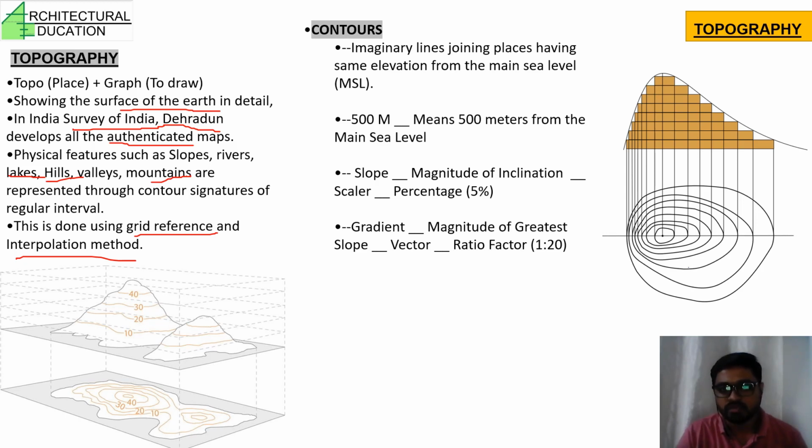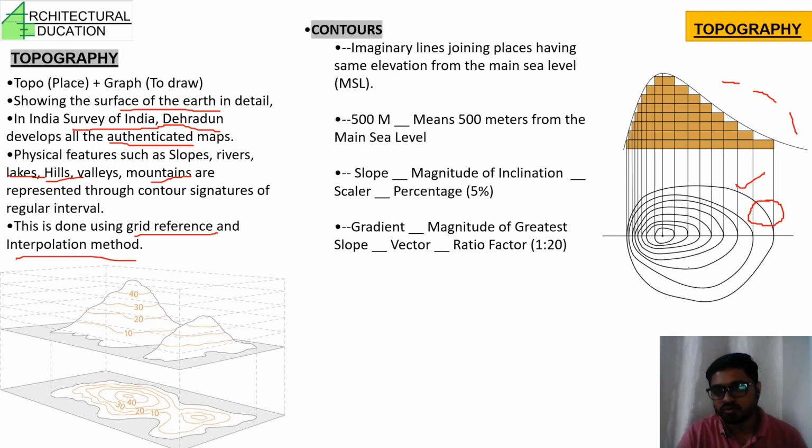So first one, imaginary lines. These contours are nothing but imaginary lines. They should be drawn in dash format, but here I have drawn them in a continuous solid line. The reason is for me to hatch and fill the in-between spaces in AutoCAD and Photoshop.